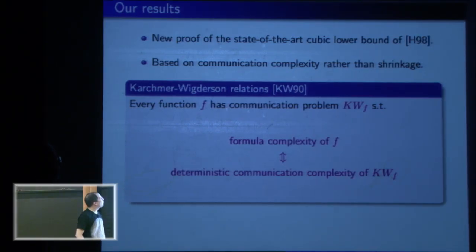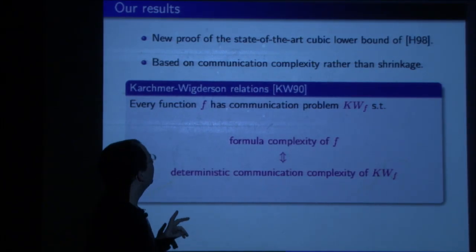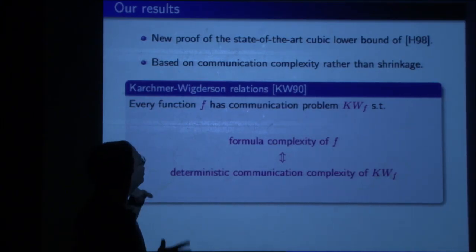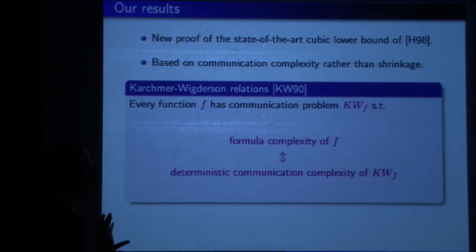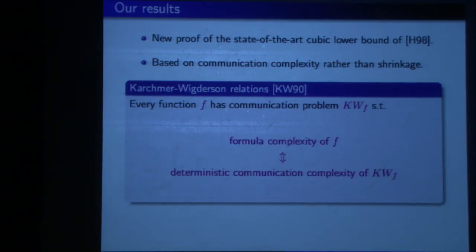Anyway, the communication complexity technique that we use is as follows. It's a technique of Karchmer-Wigderson, which I'll explain more in a second, but the basic idea is that it shows that every function f has some corresponding communication problem, KW of f, such that there is a tight connection between the formula complexity of f and the deterministic communication complexity of KW of f.